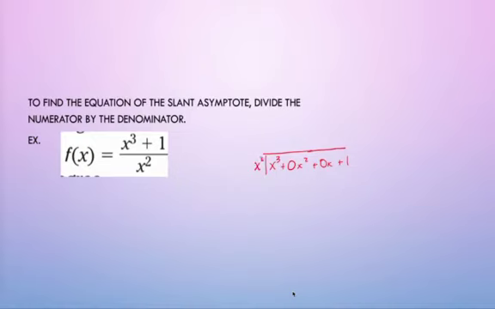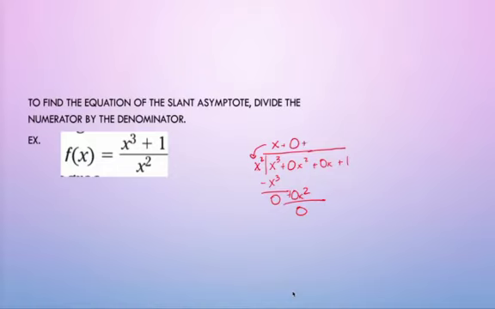X squared goes into x cubed x times. That's what you have to multiply by. So x times x squared is x cubed. Subtract that. That's going to be 0. X squared goes into 0 times. So that's 0x squared, which is 0.